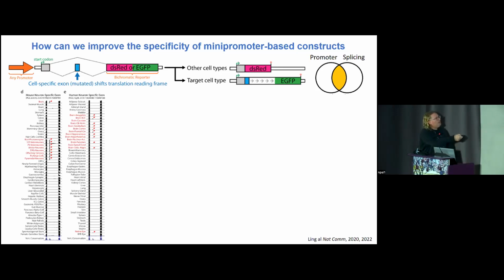This shows you a couple of examples of splicing of exons that are specific to neurons, in mouse, in PLS3, and in human-specific exons as well. These tend to be broadly cell type specific and well conserved evolutionarily.